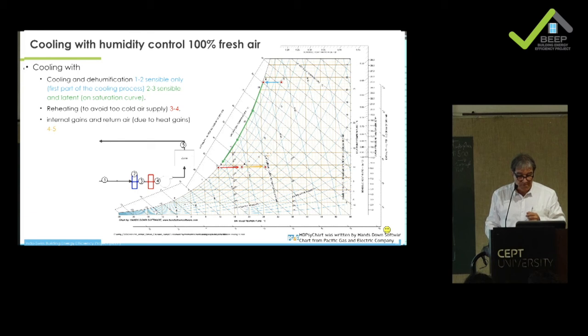So if you cool with dehumidification, that means you will cool like you have seen now, down here, and then after, through the cooling coil, I have shown you this point 2 and 3. So the point 2 is, let's say, the beginning of the cooling, and the point 3 is at the end of the cooling.